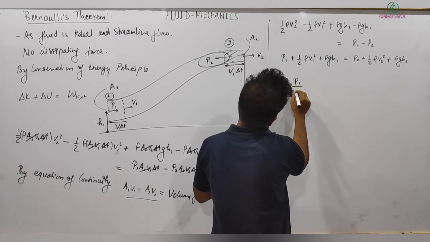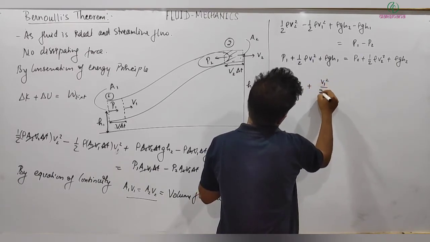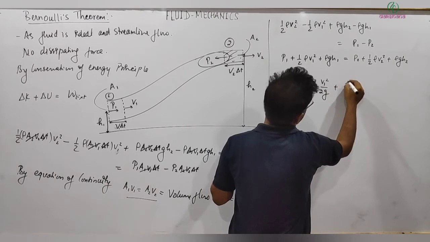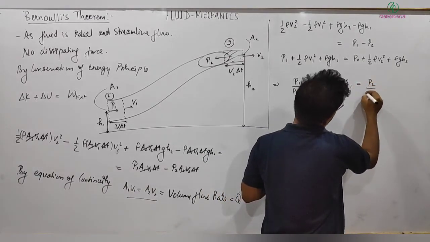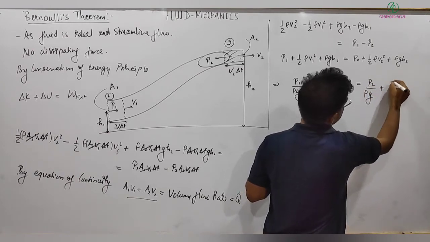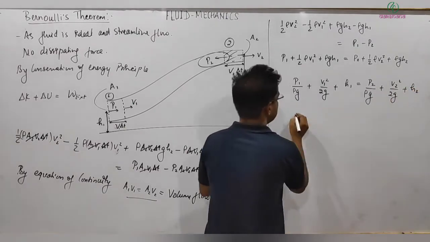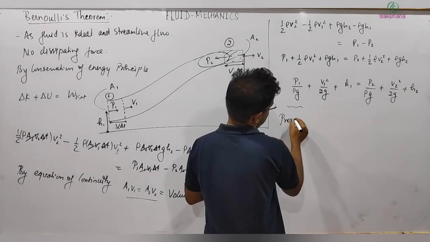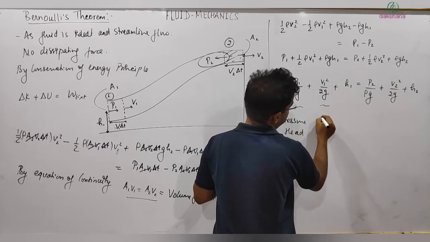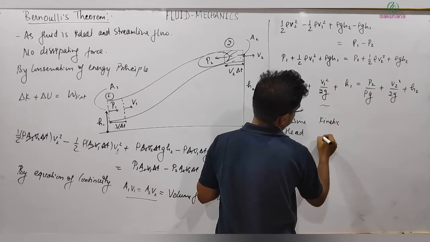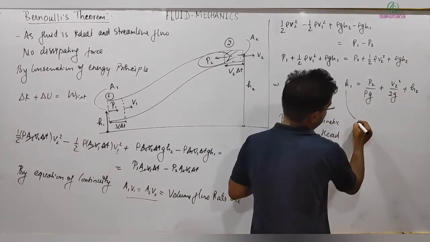This is P1 by rho g plus V1 squared by 2g plus H1, equal to P2 by rho g plus V2 squared by 2g plus H2. This is called the pressure head. This is called the kinetic head. And this term is called the potential head.